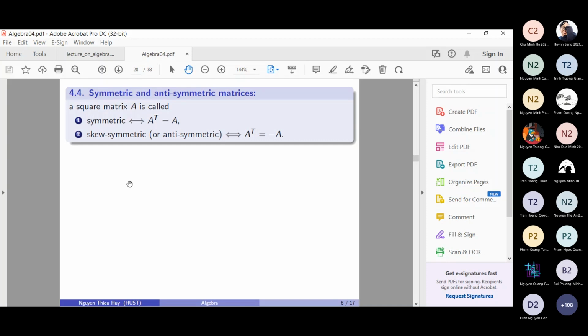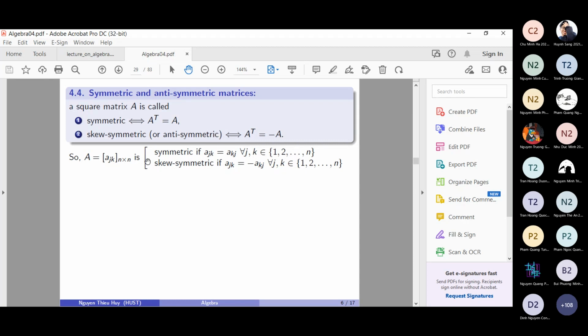If you have A equal to (a_jk), a_jk is the element in the j-th row and k-th column of A. Then when you transpose, a_jk becomes a_kj. But these two matrices are the same, so these two entries should be the same. So this means A = (a_jk) is symmetric if and only if a_jk equals a_kj for all j, k running from 1 to n, in this set of indices.